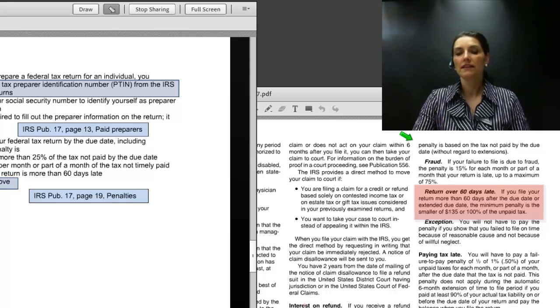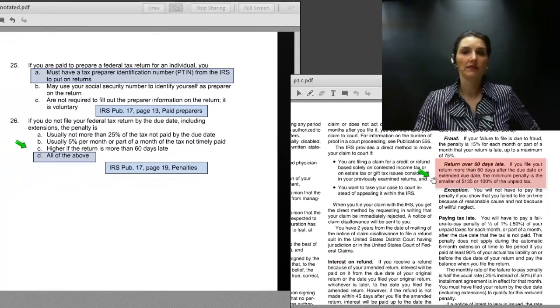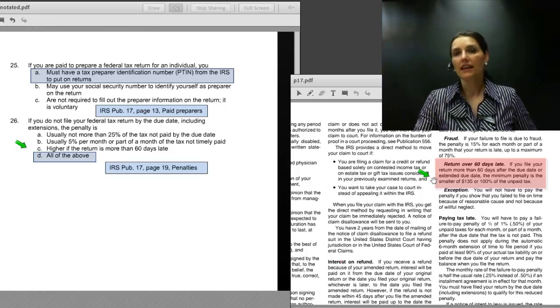The exception is that if what you owe with your tax return is only $10 and you file it late, the minimum penalty is going to be 100% of the unpaid tax. In this case, it would be $10, the smaller of $10 or $135. So if you owe $500 when you file, you don't pay it, and you wait more than 60 days, your minimum penalty will be $135.